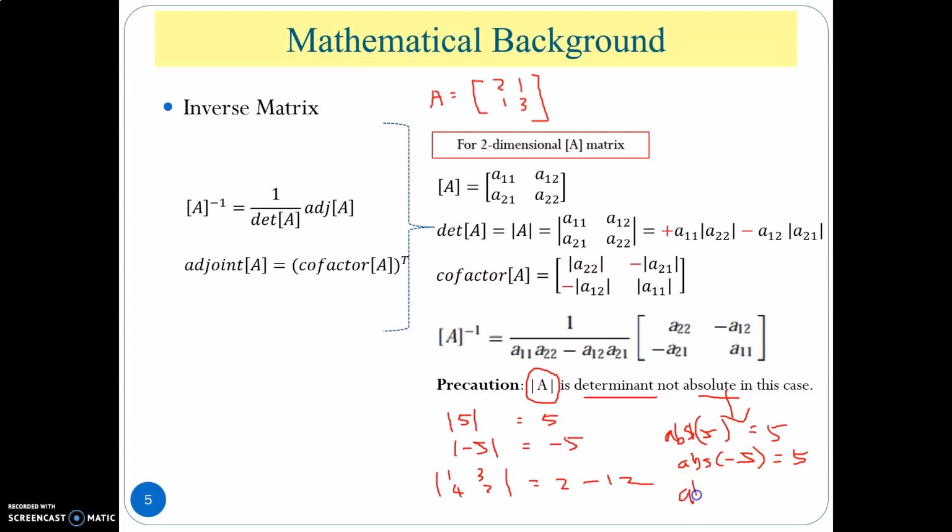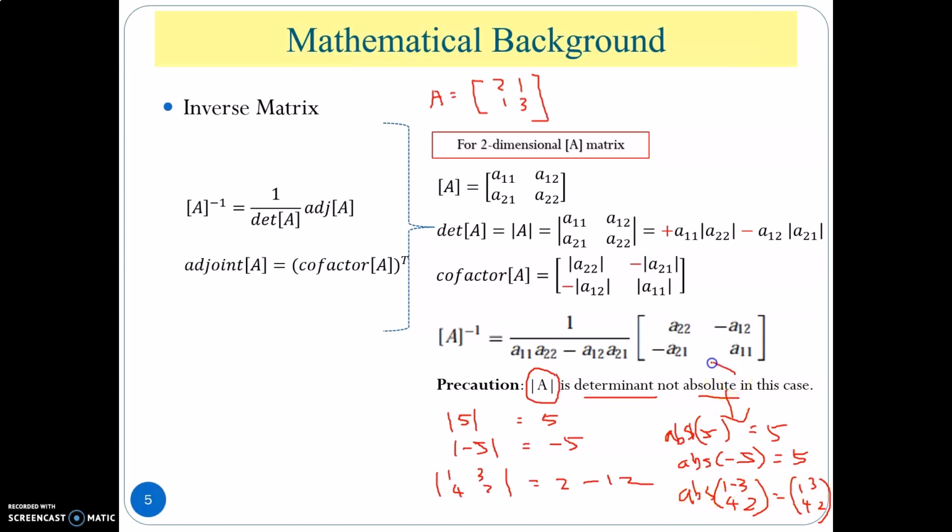And then if you take the absolute of the matrix 1, 3, 4, 2, you will still obtain 1, 3, 4, 2. And if you have negative 3 here, the negative will change to positive by using the absolute function.